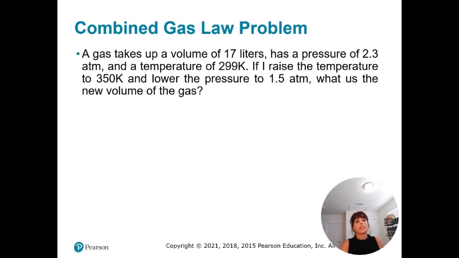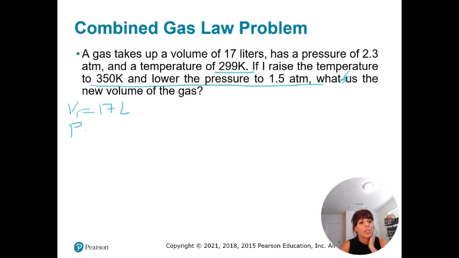So let's do another problem. A gas takes up a volume of 17 liters and has a pressure of 2.3 atm and temperature of 299 kelvins. If I raise the temperature to 350 kelvins and lower the pressure, what is the new volume of the gas? So first, my volume 1 is 17 liters.